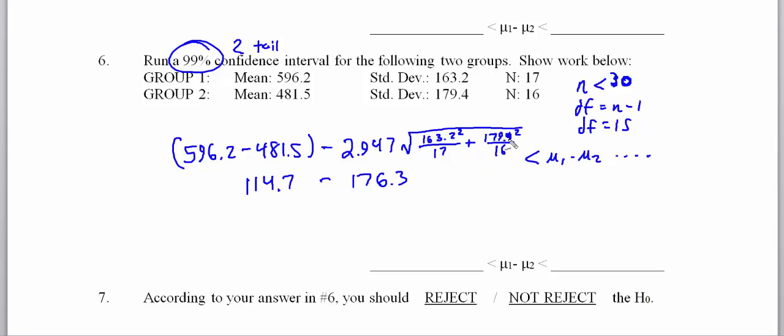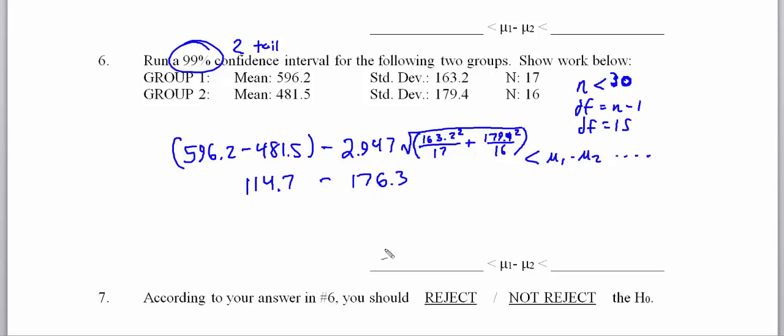The 179.4 squared divided by 16, close it off, and close it off again, because you've got to make sure that all of this is inside of that square root. If you can't get 176.3 or something close to it, you may want to check your technology and see if you did things slower, like if you just computed each of these fractions, then added them up, then took the square root, then multiplied by negative 2.947. See if you can get close to 176.3.